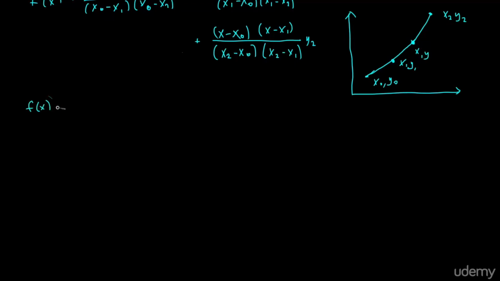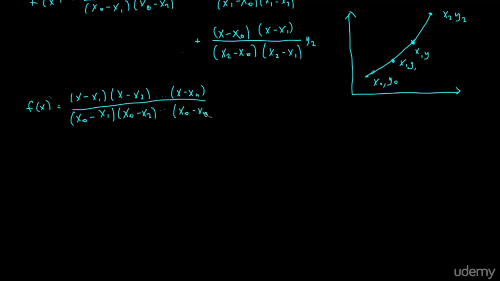We essentially have a function represented as a large product: x minus x1 times x minus x2, all the way up to x minus xn, divided by x0 minus x1, x0 minus x2, and all the way up to x0 minus xn, multiplied by y0, plus, and then you get a similar kind of thing for y1.